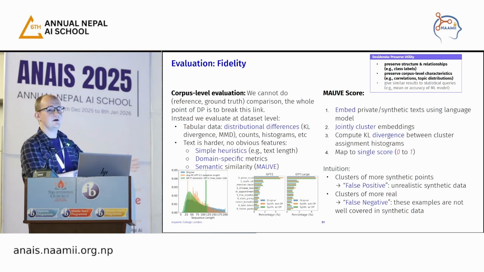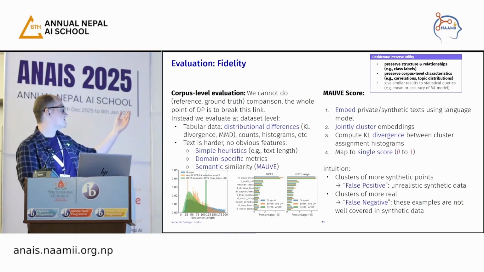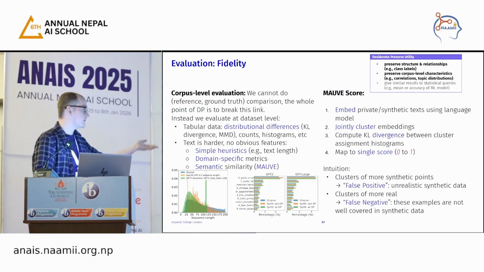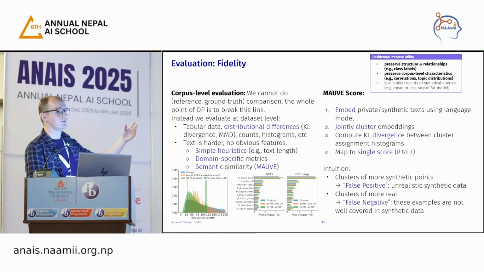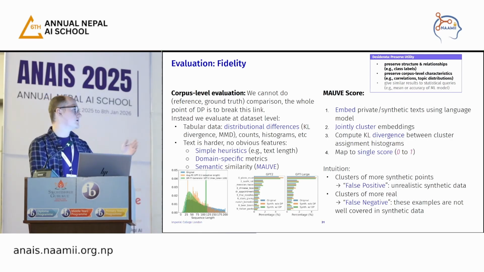Each of the texts belongs to some cluster, and we calculate the KL divergence between the original data points' cluster assignments and the synthetic data points' cluster assignments. This gives us a KL divergence score. We can map it back to a single score between 0 and 1, where 1 is essentially the same, and 0 is completely different.